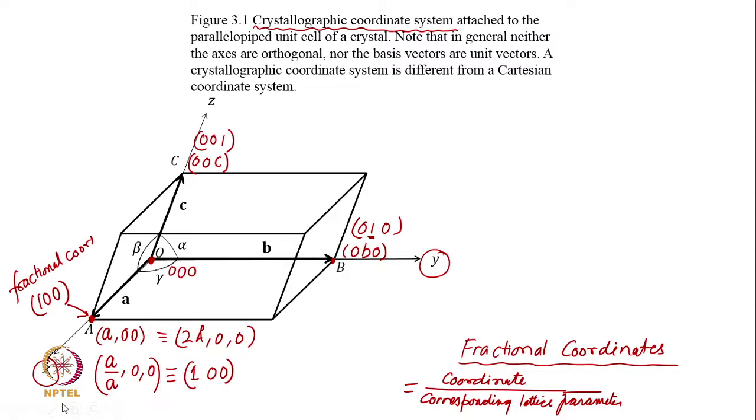Another beauty of fractional coordinate: suppose I have something at the center of this face, face center. We have face centered lattices. So, suppose there is a lattice point at the face center also. What will be its coordinates? Half, half, 0.